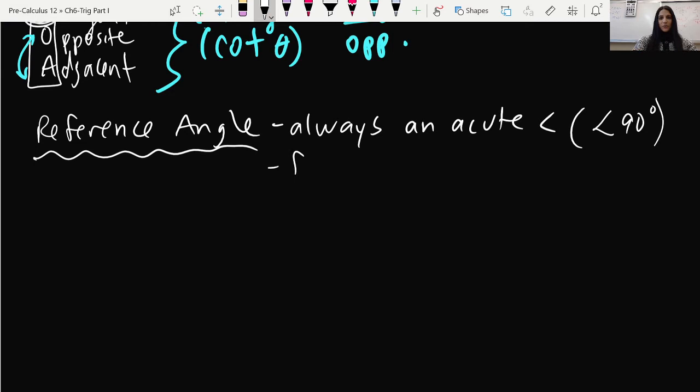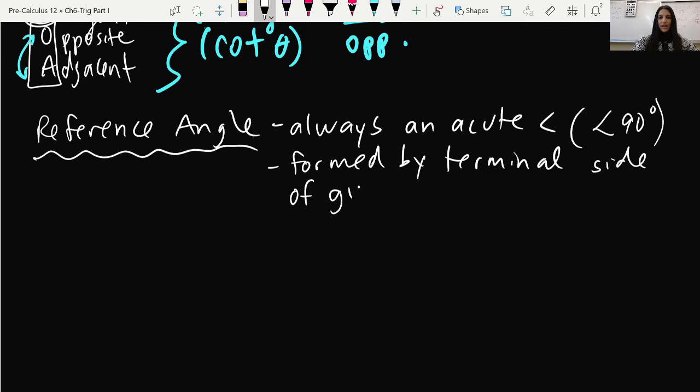And it's formed by the terminal side of the given angle and the x-axis. This is really going to become clear when I show you an actual example. So let's dive right into that.